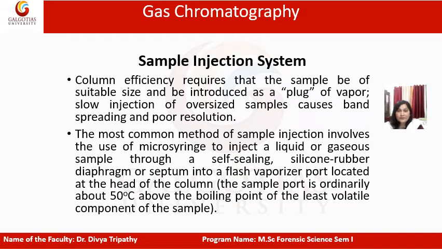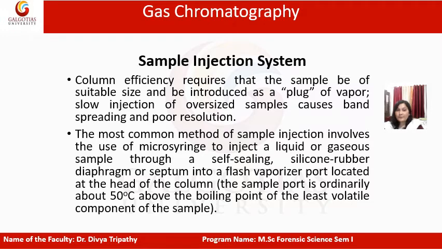The sample port is ordinarily about 50 degrees centigrade above the boiling point of the least volatile component of the sample. For example, we have 6 components in our mixture. A has a boiling point of 10 degrees centigrade, B has 20, C has 30, D has 40, E has 50 and F has 60 degrees centigrade.